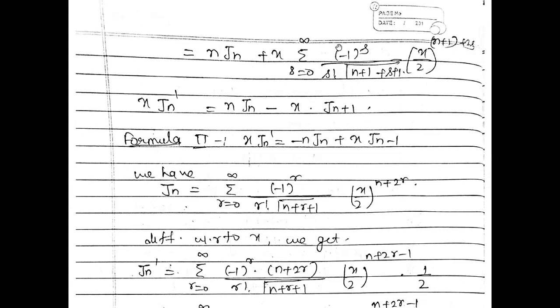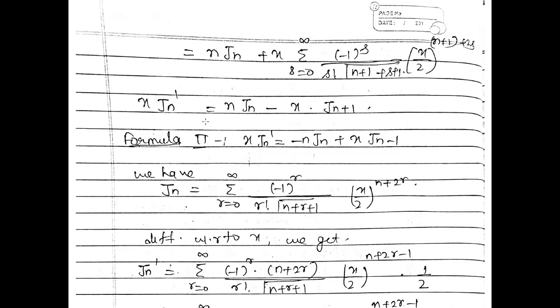That means we can write this equation as Jn plus 1. That means n is replaced by n plus 1. Everything else is as it is, no change, but n is replaced by n plus 1. So it will be the Jn plus 1 formula, right?